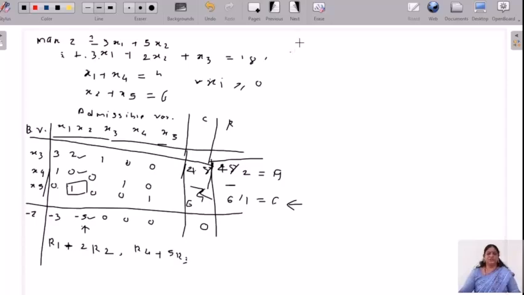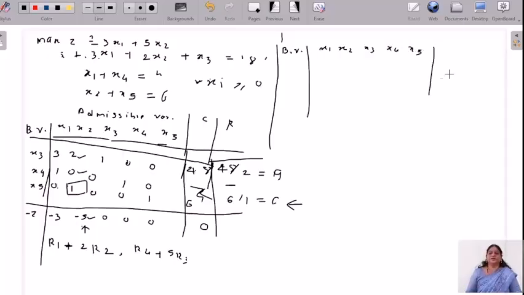Using this operation, you may say that the basic variables, then the admissible variables, are as they are: x1, x2, x3, x4, x5, and the right hand side constant.